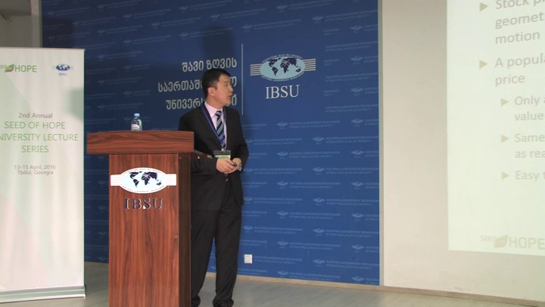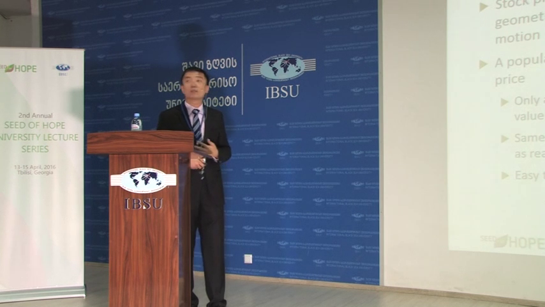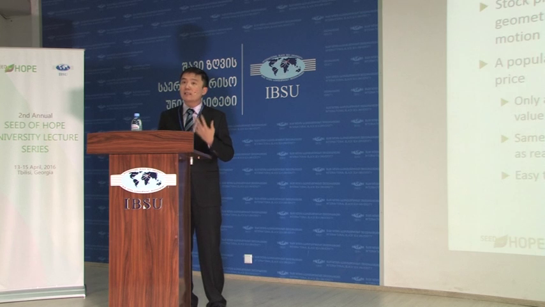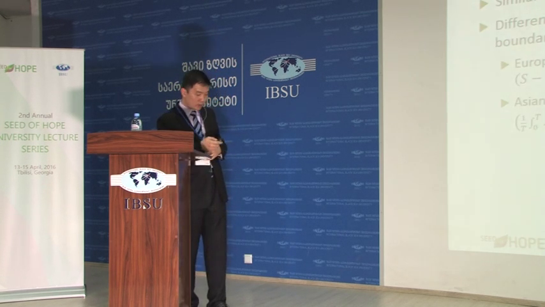And it has the same roughness, or jaggedness, if you will, as the actual stock prices in the market. This is an example of another Brownian motion, the same Brownian motion from the same equation being realized again. The main beauty of this Brownian motion is that it's really easy to solve analytically. And one example where people have solved it analytically is the Black-Scholes equation.